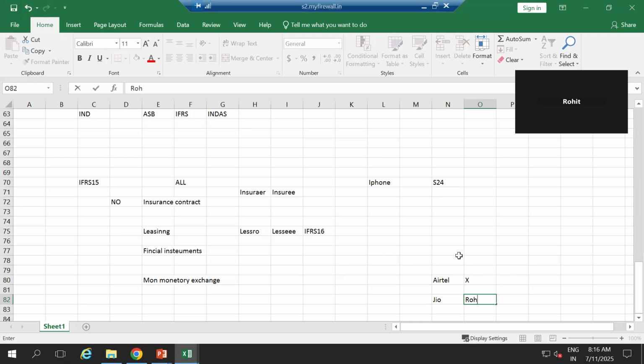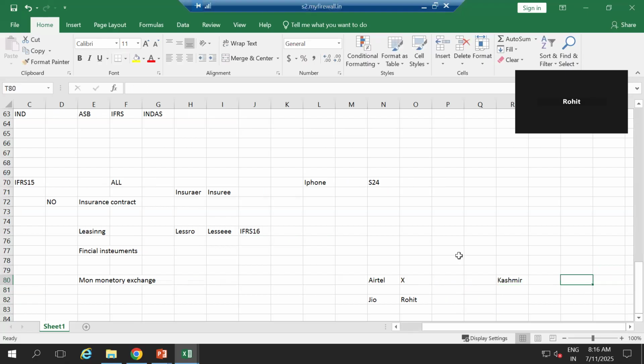I am using Jio. Mr. X went to Kashmir. He didn't get an Airtel signal properly. Then he used the Jio signal and spoke to his wife for almost 20 minutes.